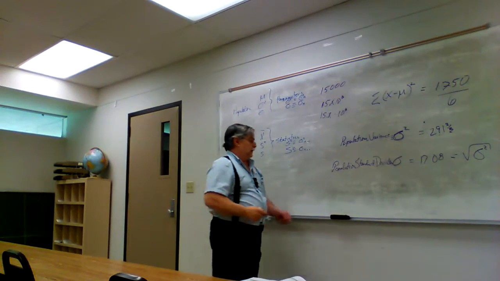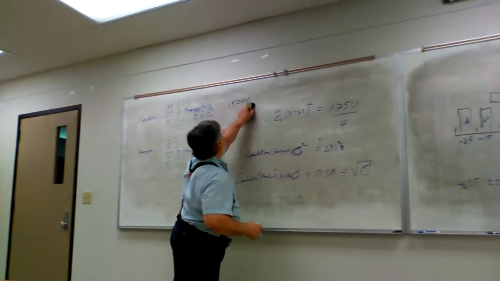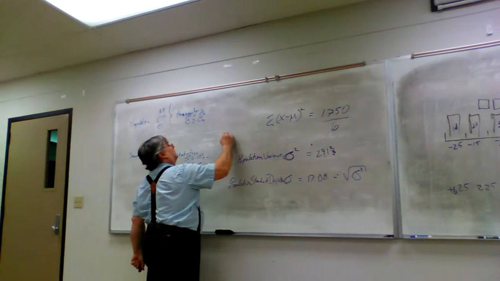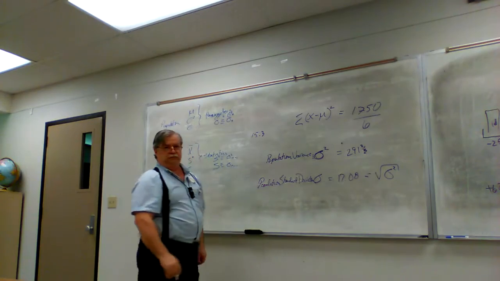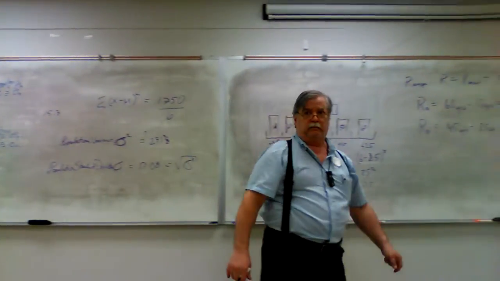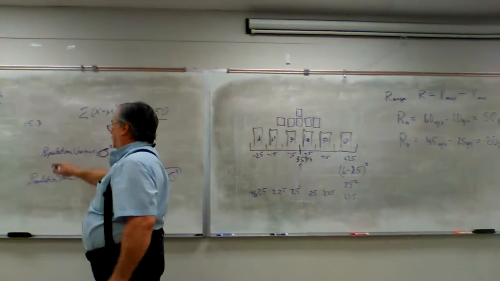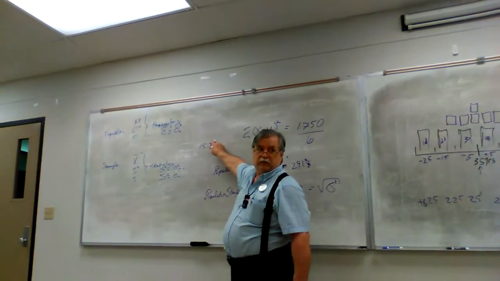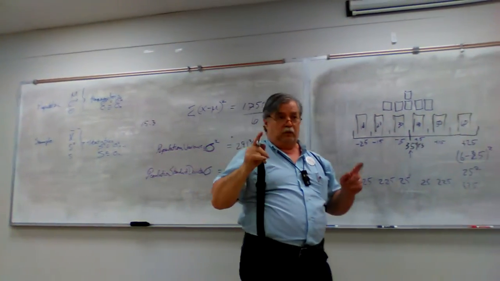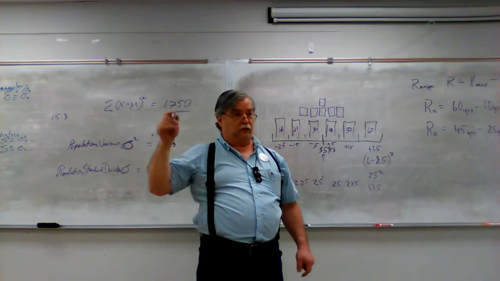Right? If your raw data has 15.3, 12.6, 8.1, then you would round to the second decimal place. The point is, you want to add one significant digit to your calculated value.